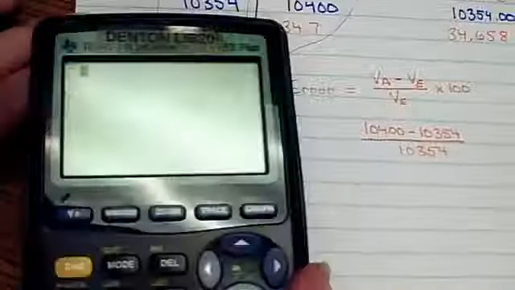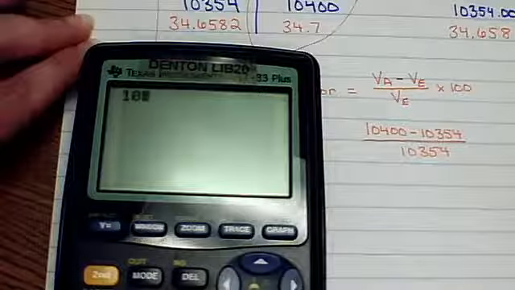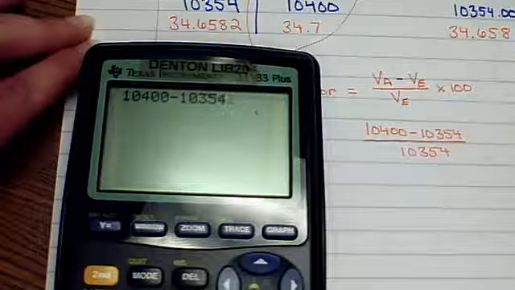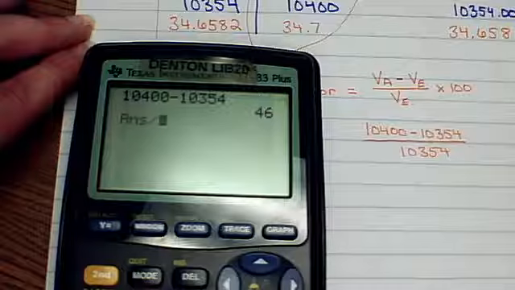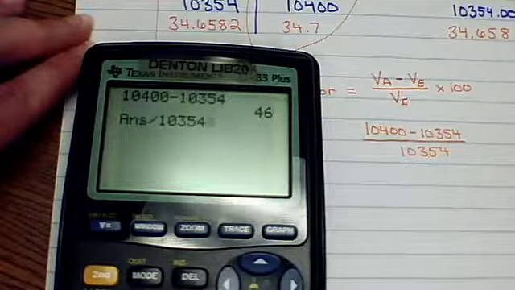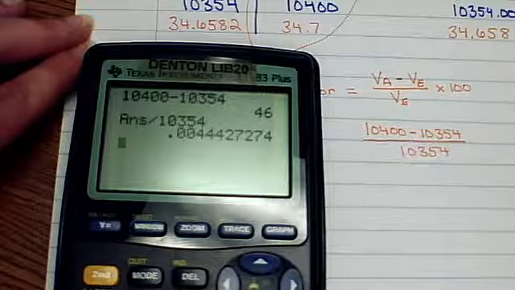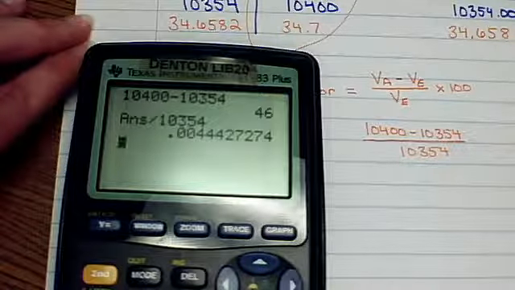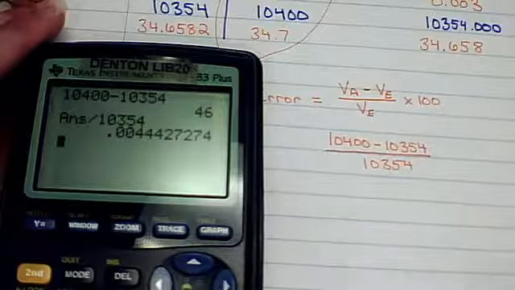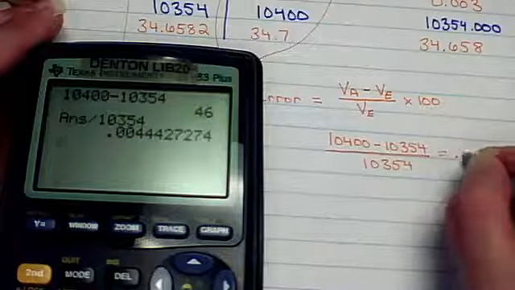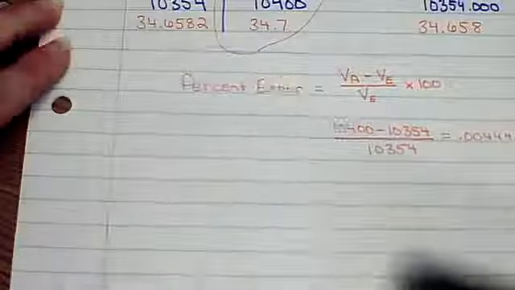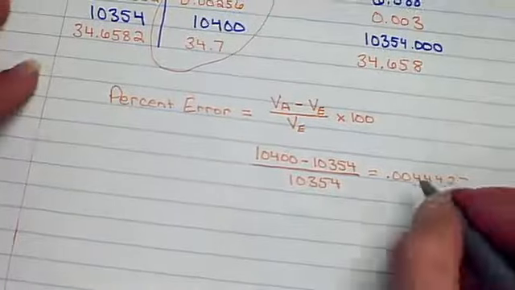Okay, so in my calculator, I would do 10,400 minus 10,354. Get the answer, then divide. Remember your order of operations. And it gives me 0.00444. Again, I probably want to go 3 decimal places. So let's look at what that would be. Okay, I'm going to write this down, 0.0044427. Not 3 decimal places, 3 significant figures.